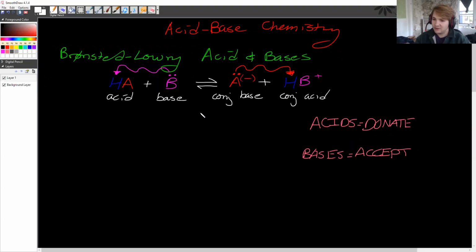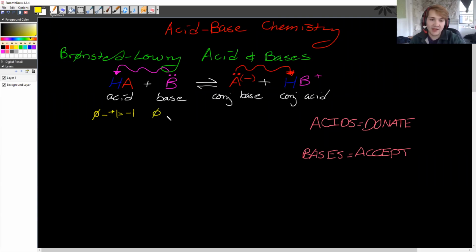Does this make sense? Sweet. From here, how did we get these charges? Well, let's take a look. Originally, the charge on this acid was neutral, and it's losing the positive charge in the hydrogen, and so now it's negative, which is how we get that.